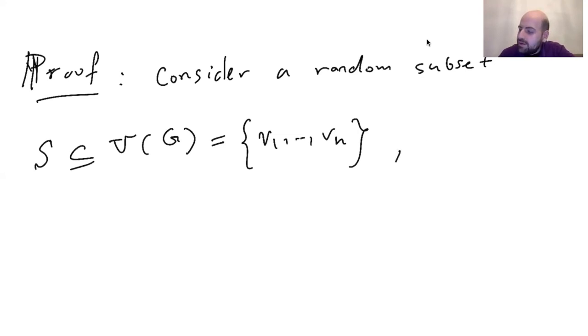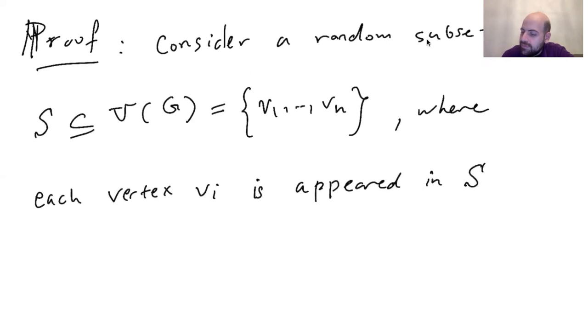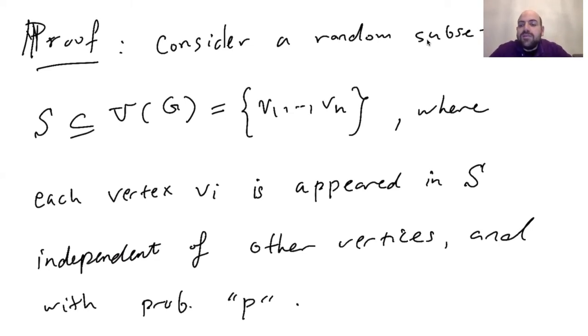So let me say each vertex Vi appears in S independent of other vertices and with probability P. Like most constructions in this course, where we consider, for example, random graphs, we say each edge appears in the random graph with probability P, and each edge is independent of other edges.